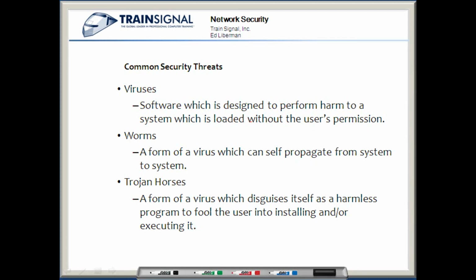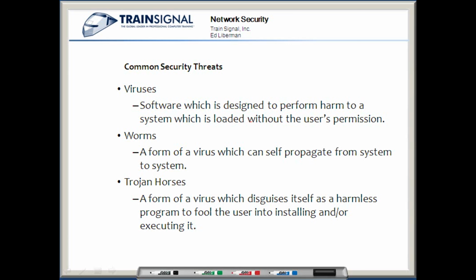Now, worms are a form of virus which can self-propagate from system to system. And the other thing about a worm that's different from just a standard virus is that a worm does not require a host application. See, a virus usually attaches itself to some other program, whereas a worm does not require any other program.